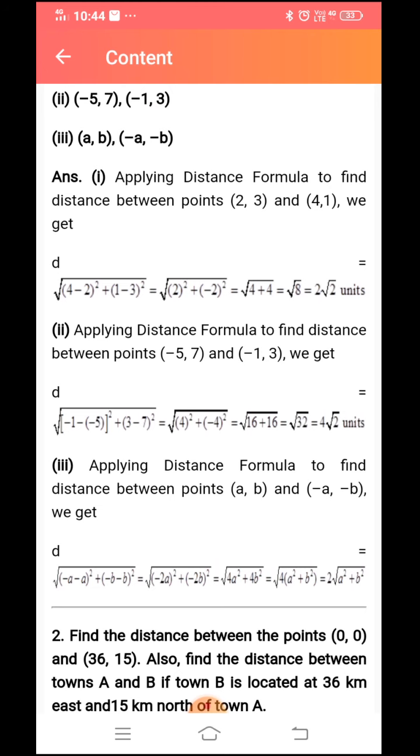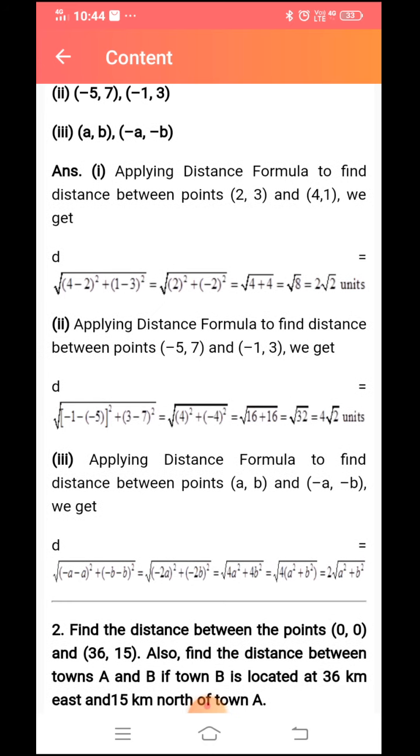Then if we apply the x2, x1, y2, y1 values in the distance formula, we will get the result. For example, x2 here is 4, so 4 minus x1, 2: (4 minus 2) the whole square. The same way, y2 is 1, y1 is 3: (1 minus 3) the whole square. 4 minus 2 squared is 2 squared, and (1 minus 3) squared is (minus 2) squared.